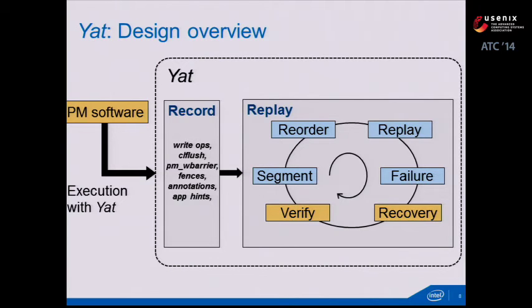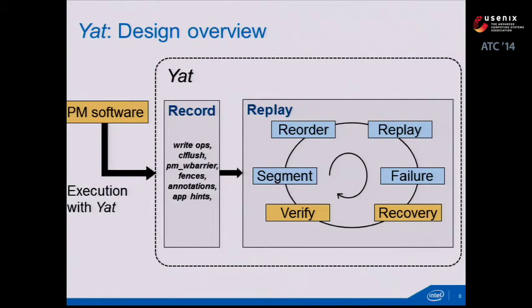The Yeth replay phase is the more time-consuming phase, and it loops over several sub-steps. The first step is to segment the input trace into multiple segments delineated by the PM write barrier operations. Each segment is then fed to the reorder step, which takes as its input a segment and an initial base PM state.